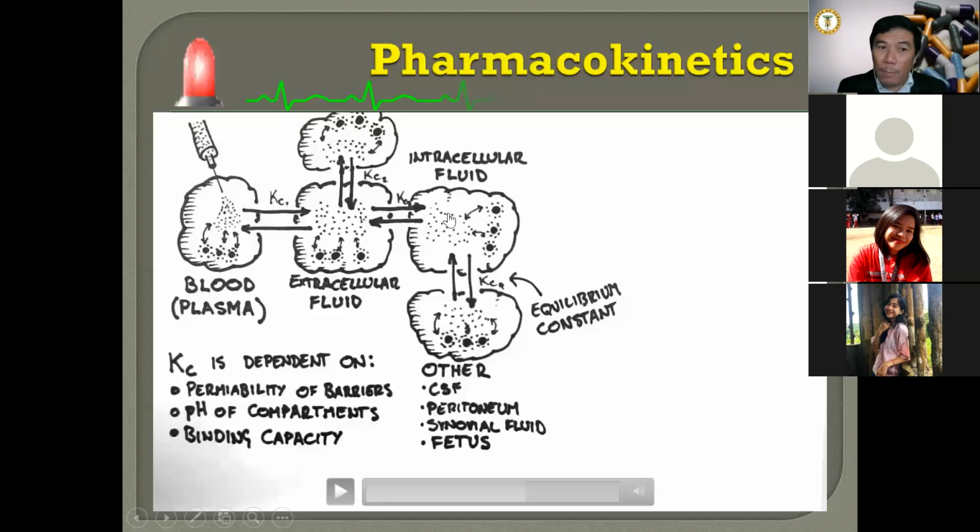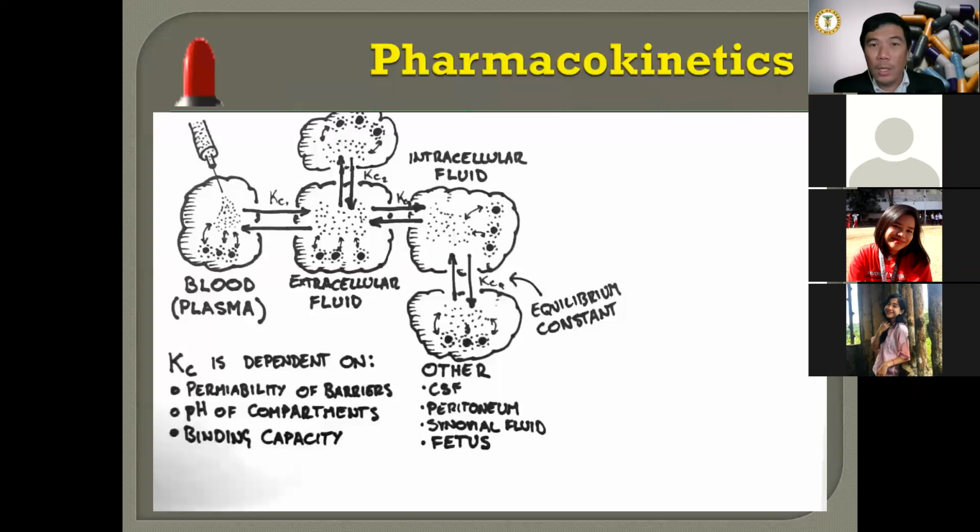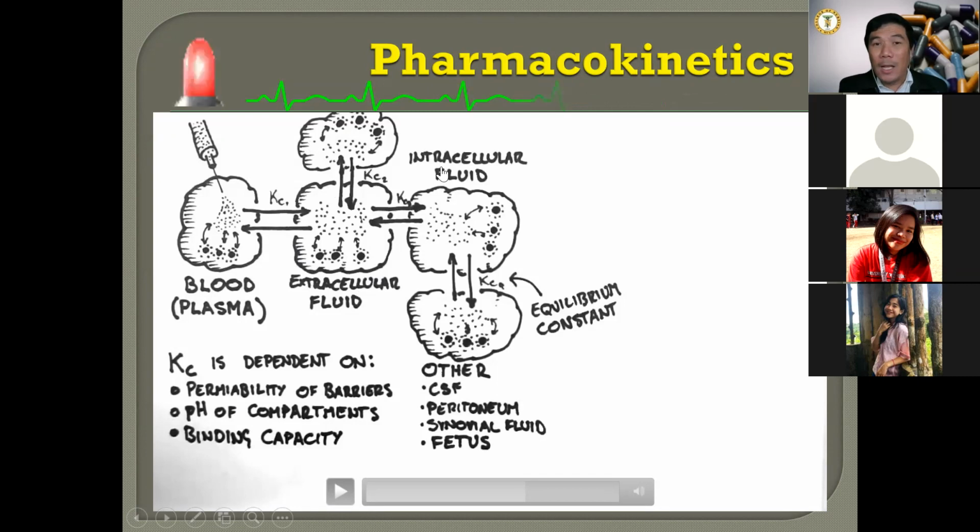Now, if we are talking about equilibrium and effective distribution, we take into consideration permeability. If we say permeability, this is the situation on how these compartments are active when it comes to receiving and distributing the components of the drug.